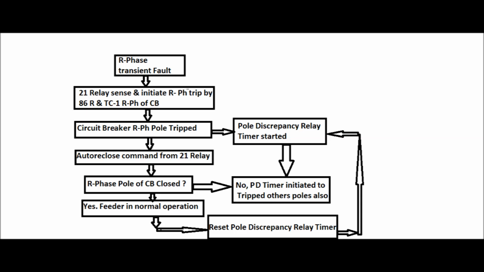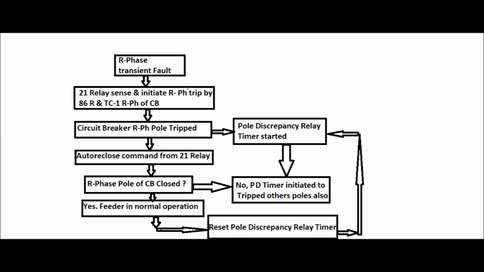At the same time, after a dead time of 1 second, an auto reclose command from the 21 relay is initiated in order to close the R phase of the circuit breaker. The R phase pole of the circuit breaker closes. If there is a mechanical problem, it will not close.